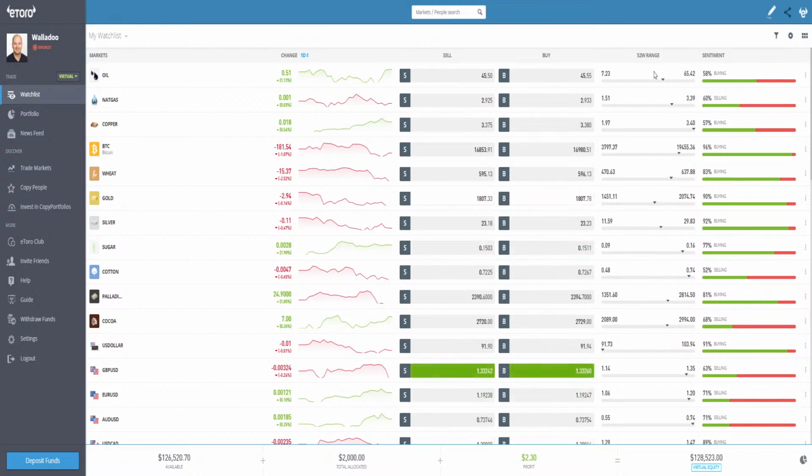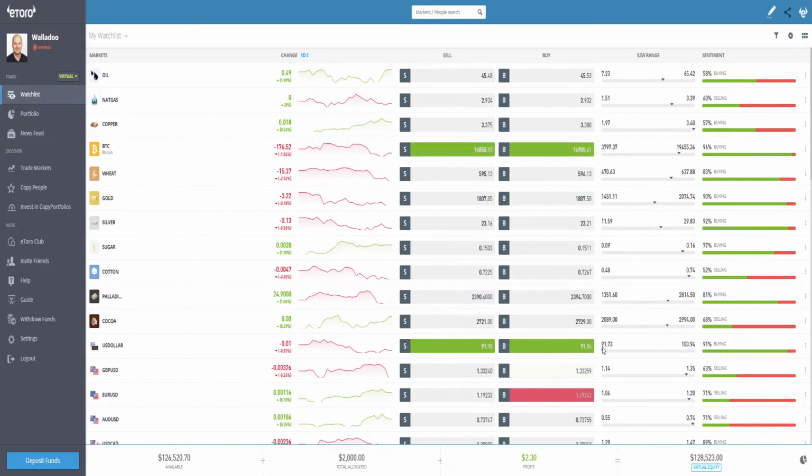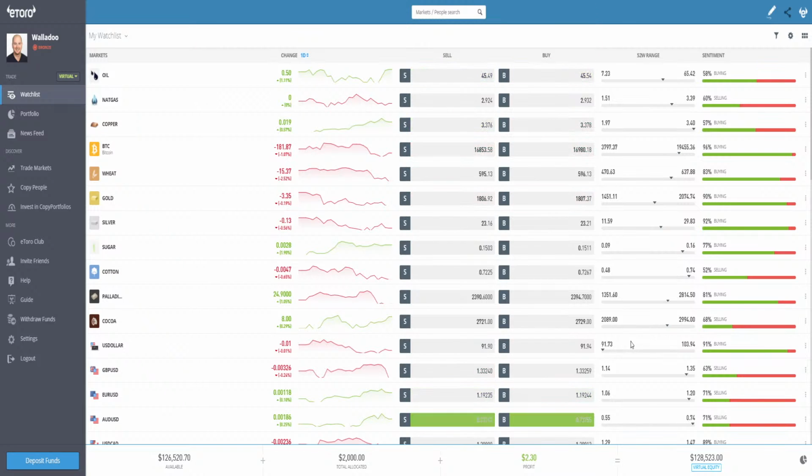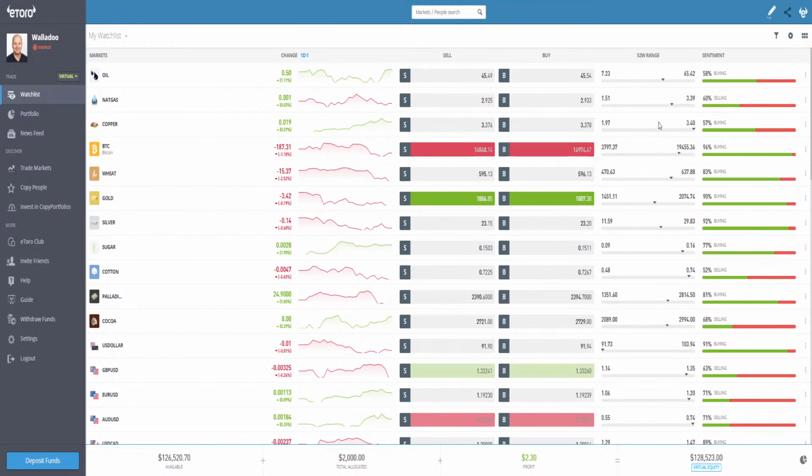This is just for the last 52 weeks. For example, the US dollar is very weak and very oversold at this point, so you can also say it's very cheap. While copper, which has been increasing constantly, is way overbought, and at this point you can say it's very overvalued.